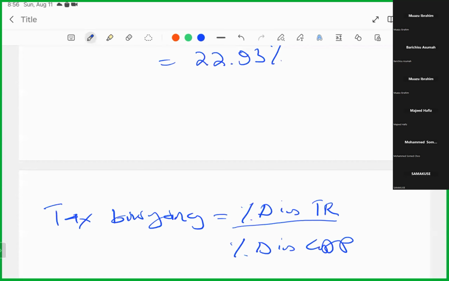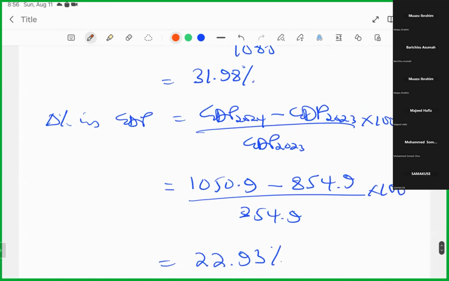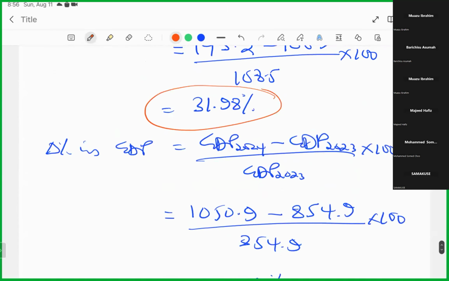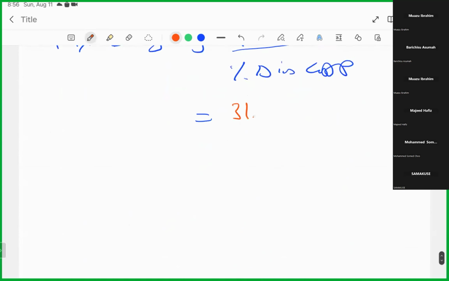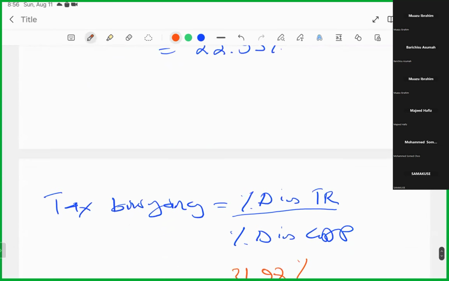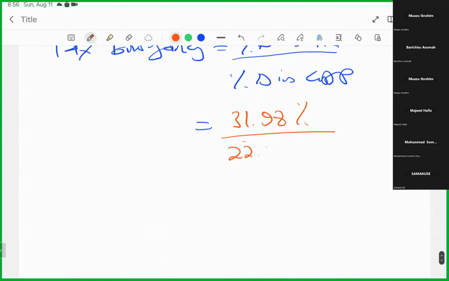The percentage change in tax revenue was 31.98%, all over the percentage change in GDP, 22.93%. So what will you get? 1.4 tax buoyancy. So that's the tax buoyancy.